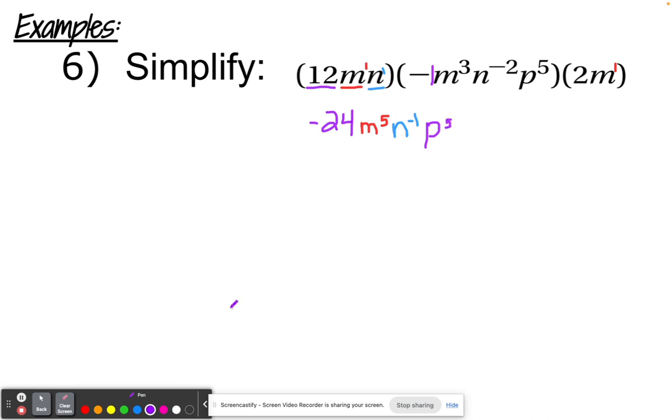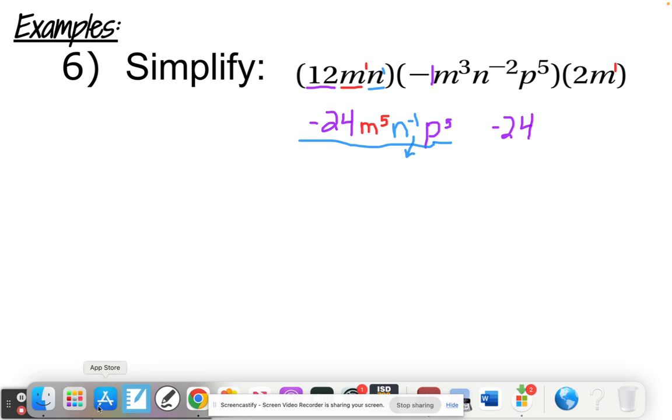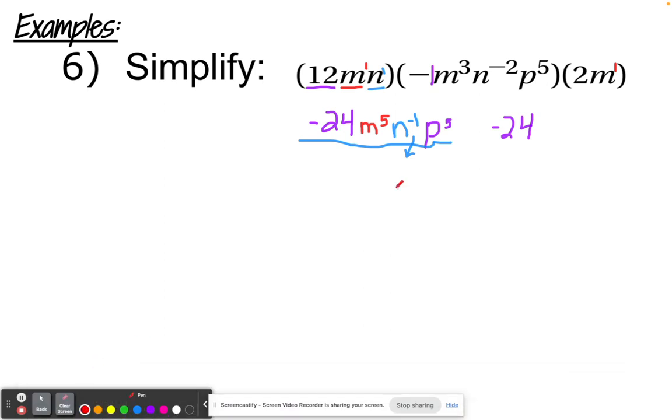Guess I already used purple, but that's okay. Now, the only thing I have left to do is I got to move that n downstairs because it's a negative exponent. So I'm going to be left with negative 24 m to the 5th power.